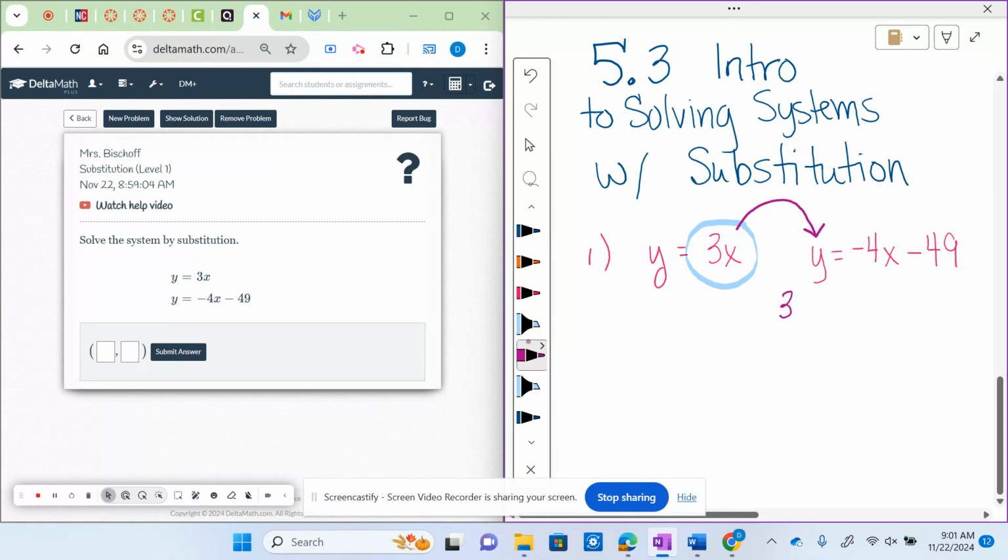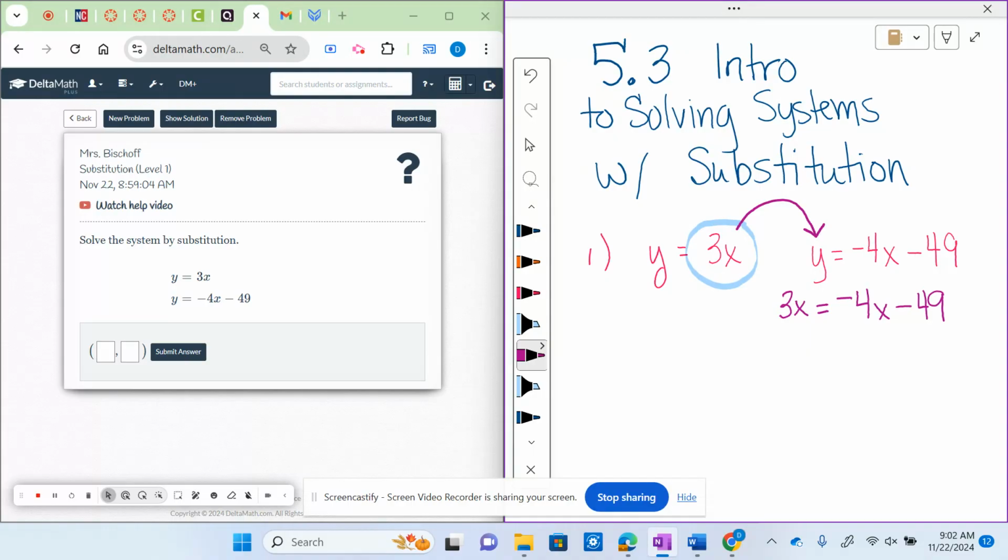So this becomes 3x equals negative 4x minus 49. Why are we going to do that? Well, I'll tell you why. We cannot solve an equation when it has 2 unknowns, right? We can't solve for 2 unknowns. So by substituting in that value, we now have an equation that only has one variable, x. And we can solve for that. We can absolutely solve for x.